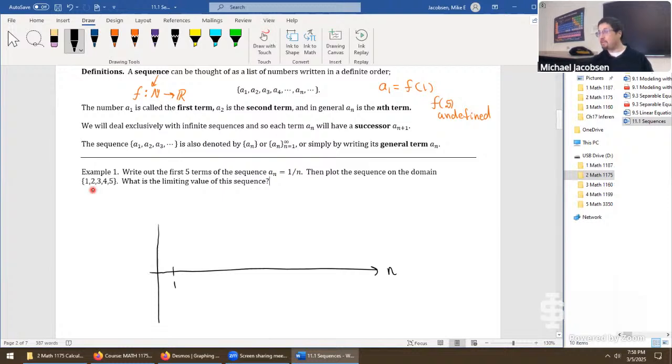Since we're plotting on this domain, we'll go 1, 2, 3, 4, and 5. There's infinitely many terms, but we should be able to find the limiting value of the sequence just by considering the first 5 terms. And this is the function, a_n equals 1 over n.